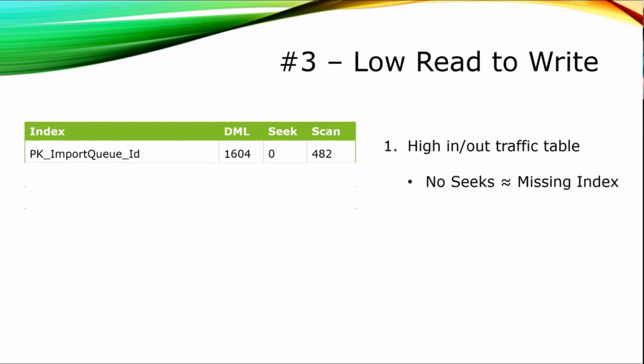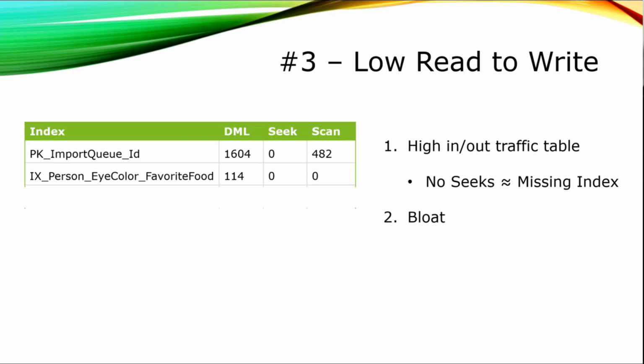But if you find that there's processes in the application that are going through and saying, all right, import Q, give me the records for this user ID, give me the records for this series, then we need to start looking at saying, okay, maybe I've got a missing index here and trial and error that a little bit. That's why you have a sandbox, trial and error, because there's no one right answer in all situations. And so a lot of this is using that before and after to figure out, is this the best decision?